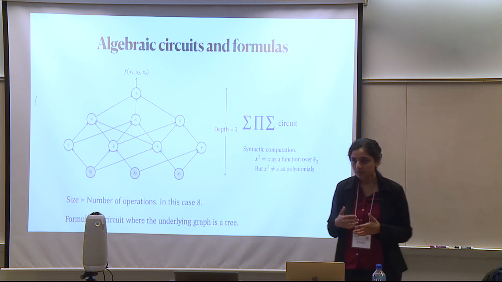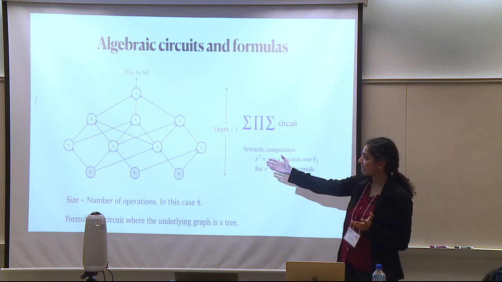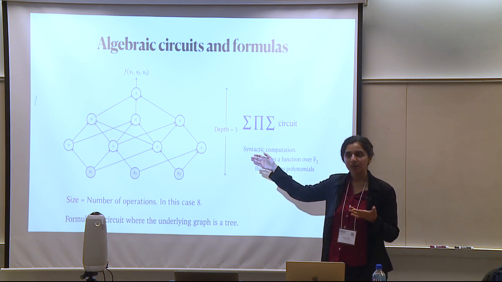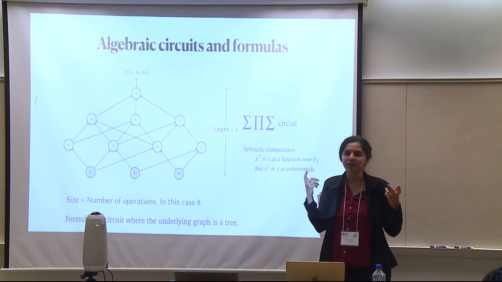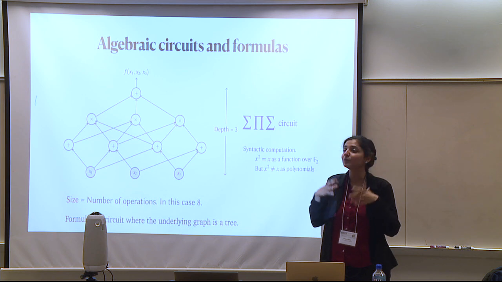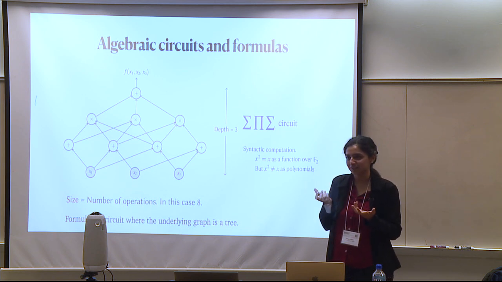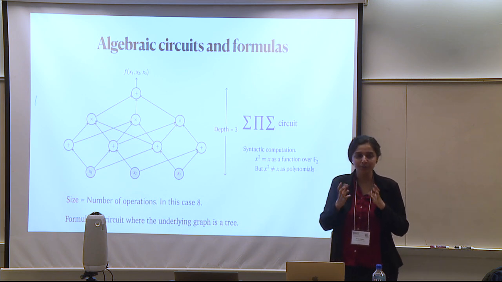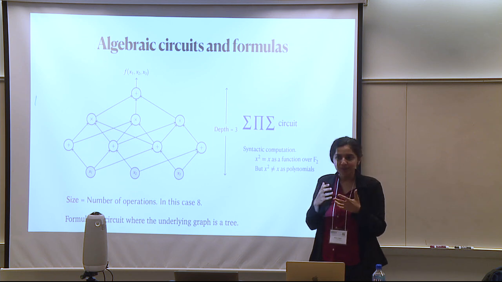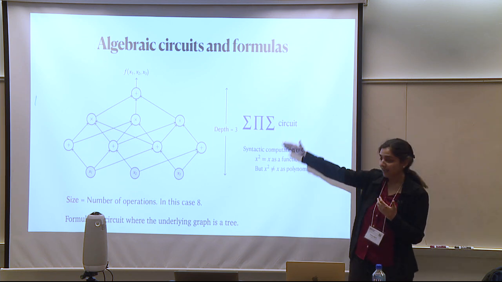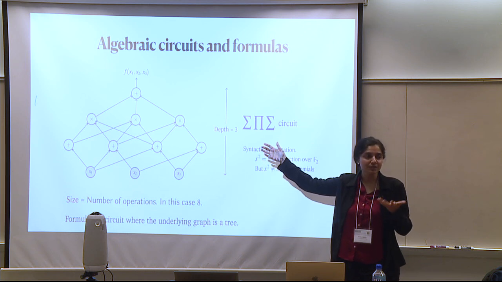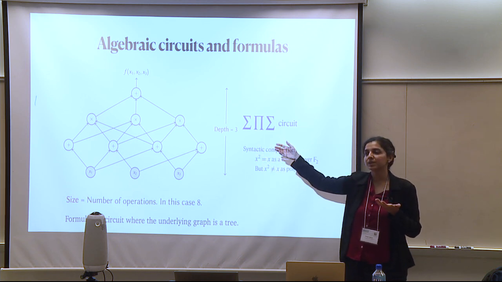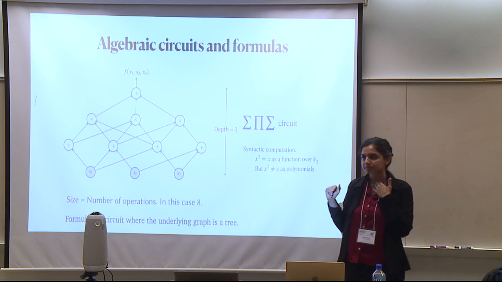And because these objects are syntactic in nature, one expects that there is a little more structure when we compute things syntactically. And therefore, there is a little bit of hope that we can prove lower bounds for such models of computation. It becomes a bit harder if it's functional, but if it is as syntactic as an algebraic circuit is, then we hope that because of this extra structure, we may be able to exploit it and prove lower bounds.